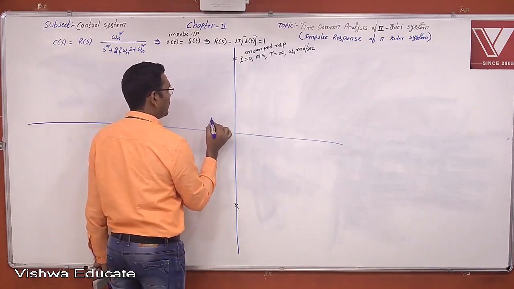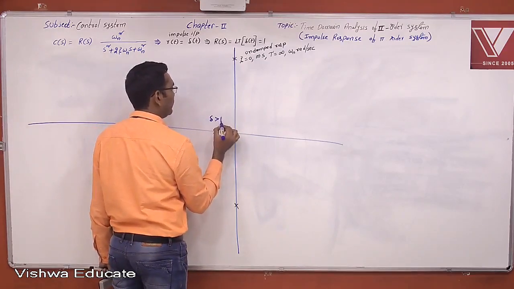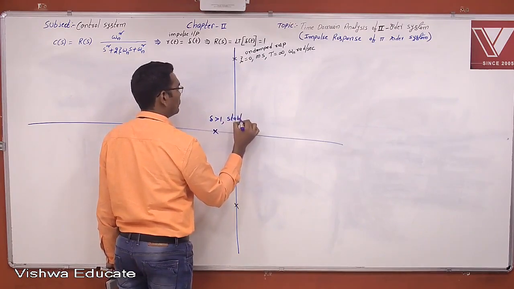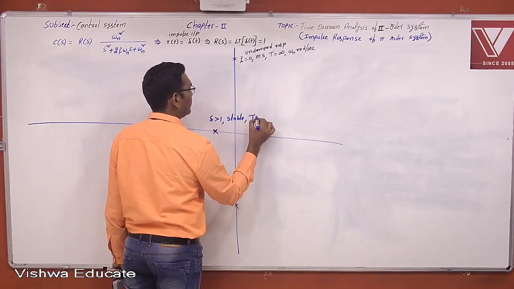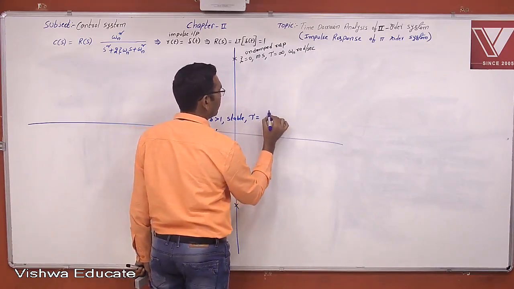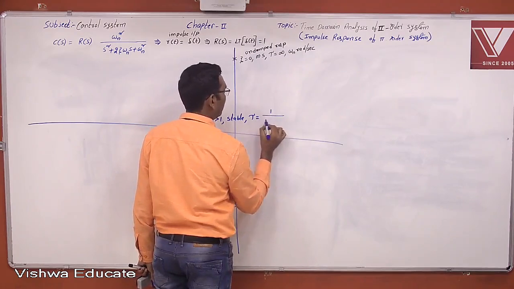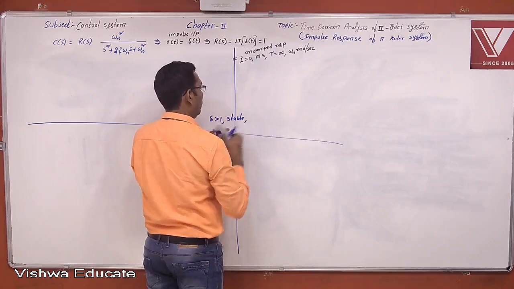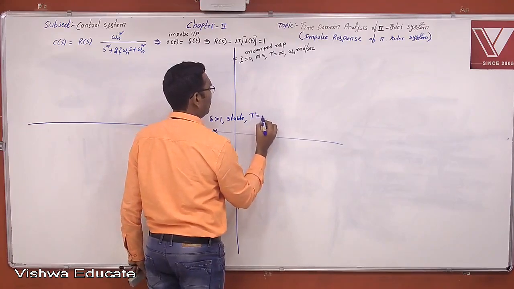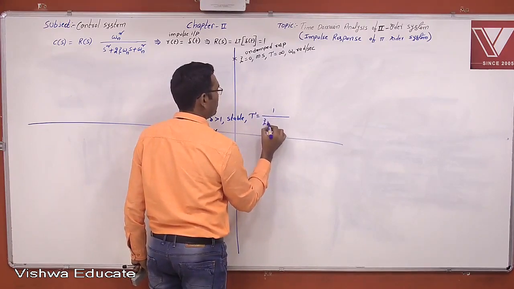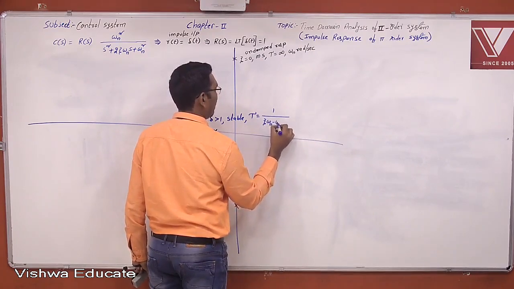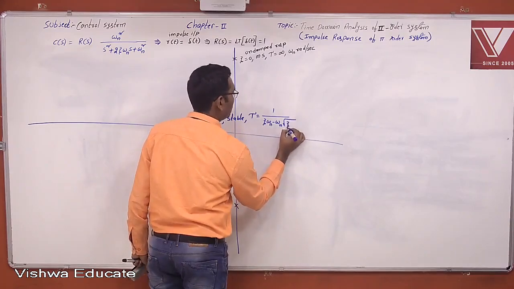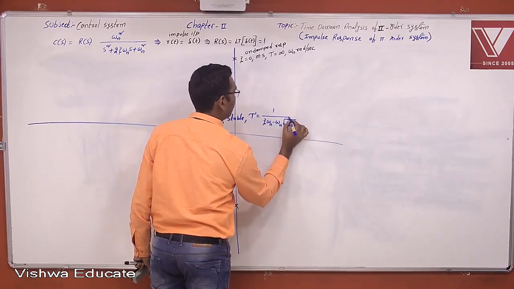This is a stable system, and the time constant is 1 divided by zeta omega n minus omega n into square root of zeta square minus 1.